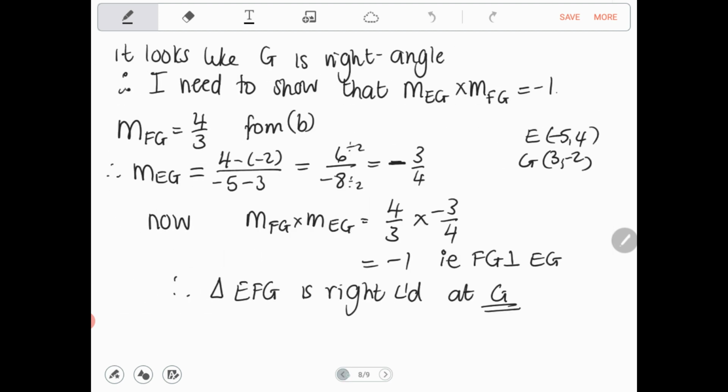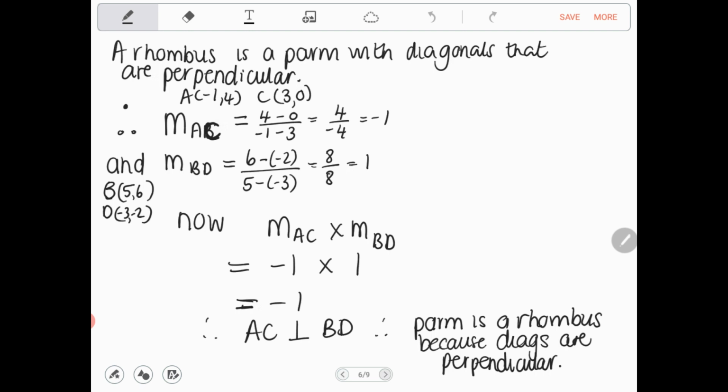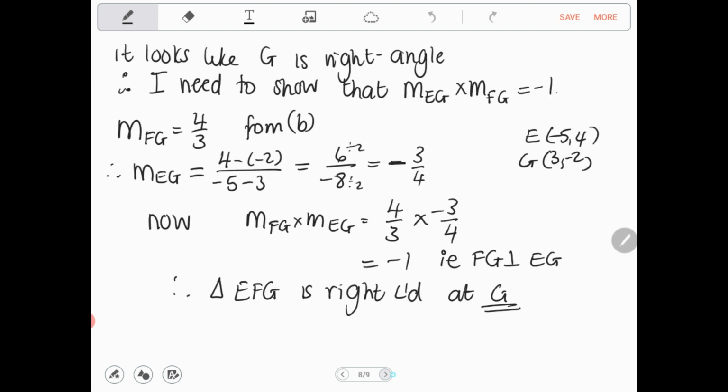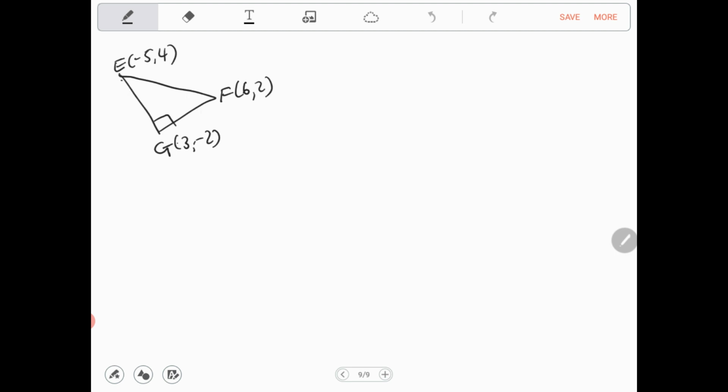All right, now we're going to finish this by finding the area of this triangle. Okay, now if you remember, we worked out earlier that GF was 5 units. That was from our first question.